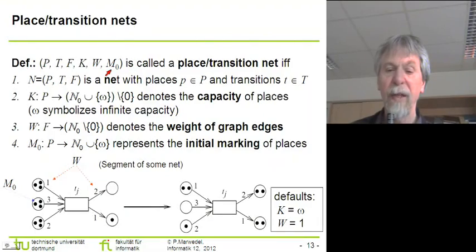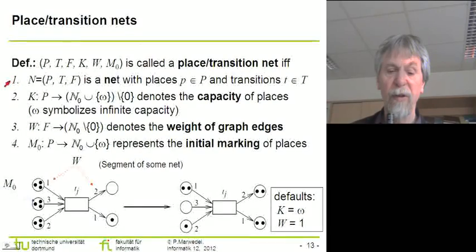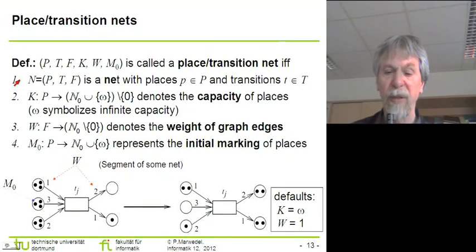So frankly, the initial marking could already be included in another definition of the term condition event net. We could also define condition event nets in such a way that the initial marking is a part of the definition as well. So for these elements of the tuple, we have the following requirement. The first three elements are forming a net with places and transitions.